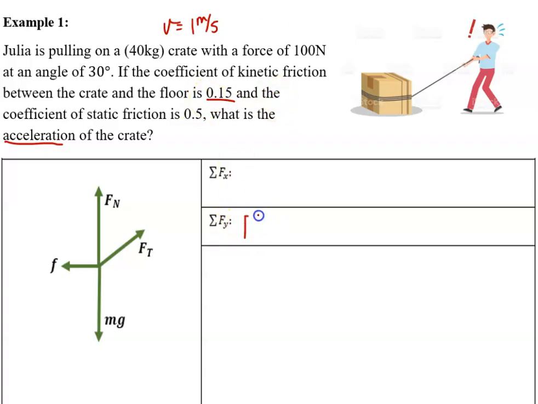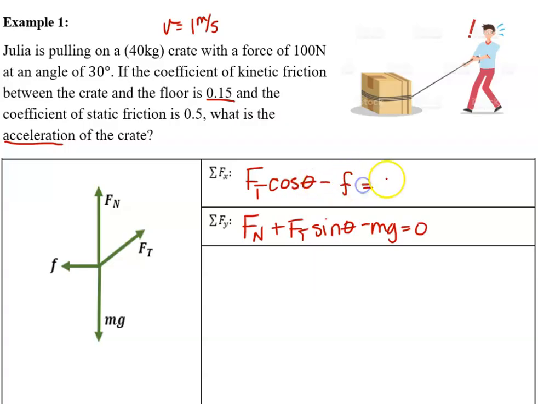So our normal force, the equation is going to be the same. And now for our horizontal force, we have the pulling force, which is our Ft cosine theta, minus friction, and now it's going to equal mass times acceleration.